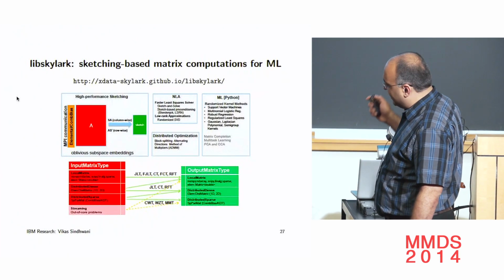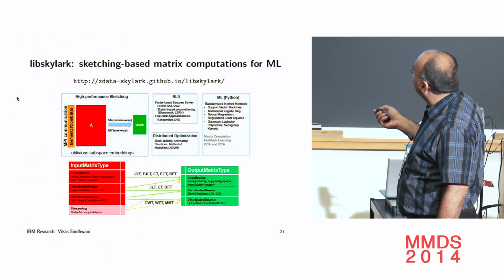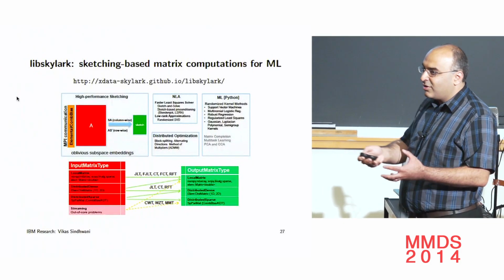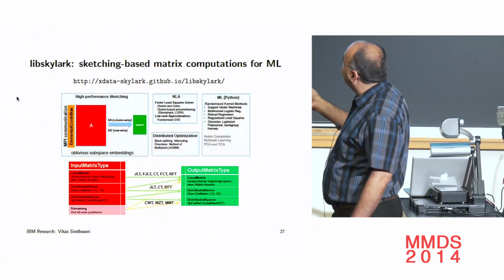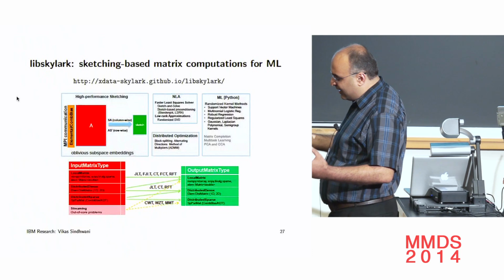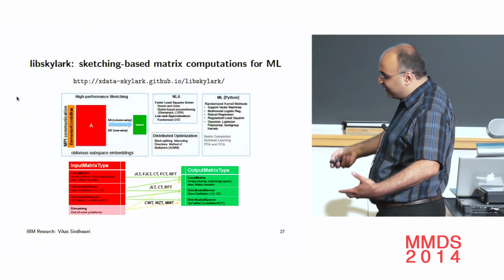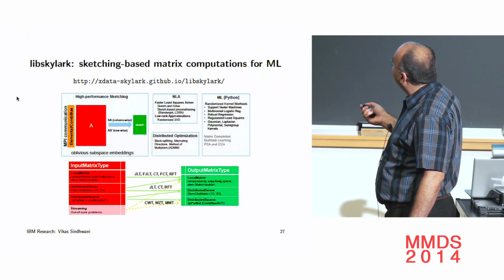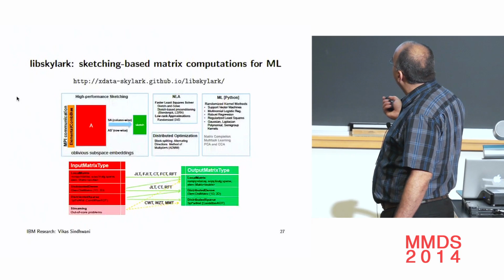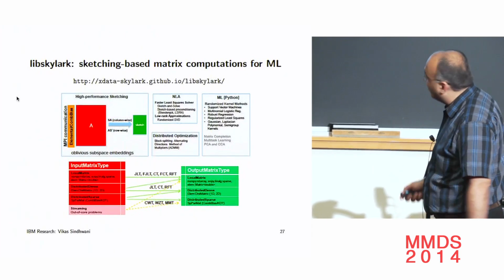And then there is this machine learning layer, some of which I discussed here. But the main contribution is completing this combinatorial zoo: you have a big data matrix that's sitting either on your laptop, or on the distributed memory of a cluster, or on disk, and you want to sketch it back to a local matrix because you want to reduce the order n d squared complexity of solving the problem on your laptop.